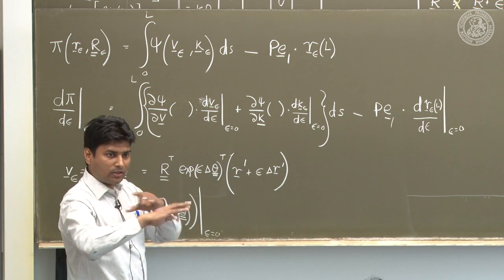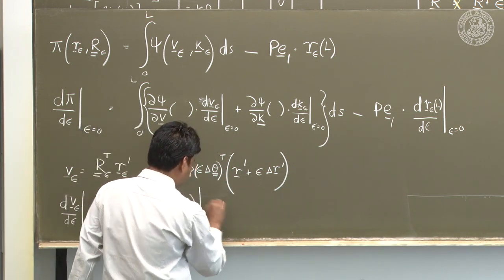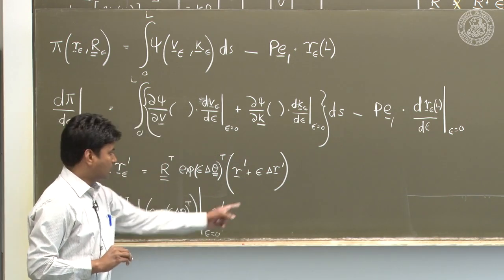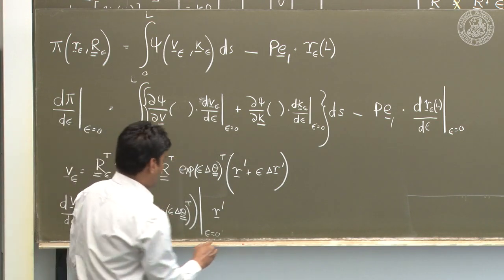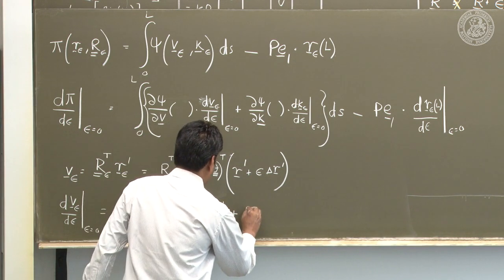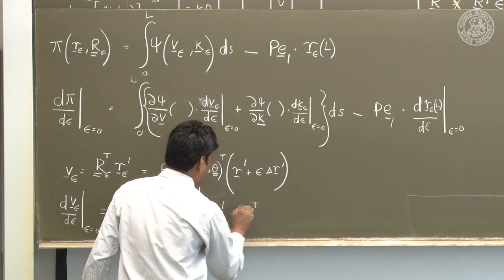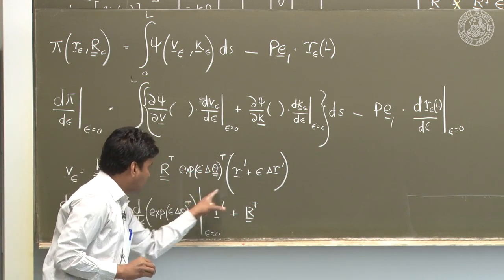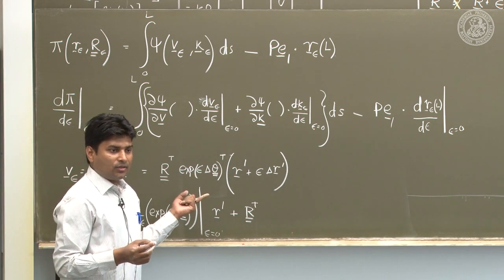This simply becomes little r prime; put epsilon equal to 0, this goes away. Plus the other one: that's going to be simply big R transpose into this thing at epsilon equal to 0, which is identity.